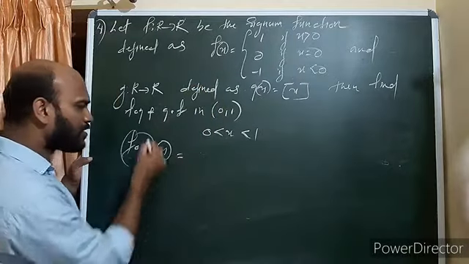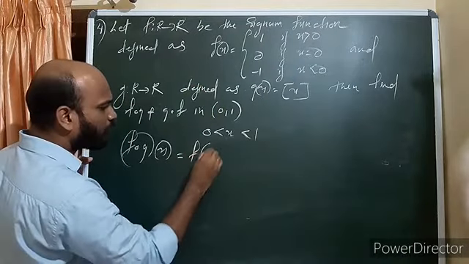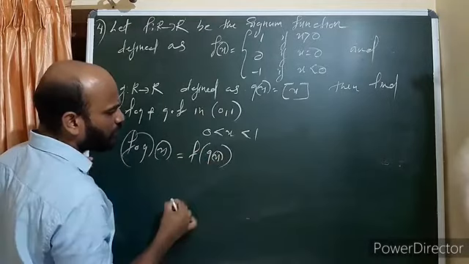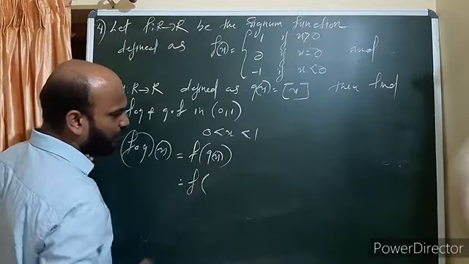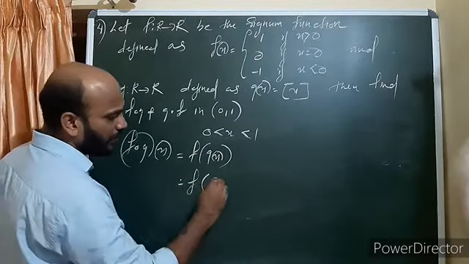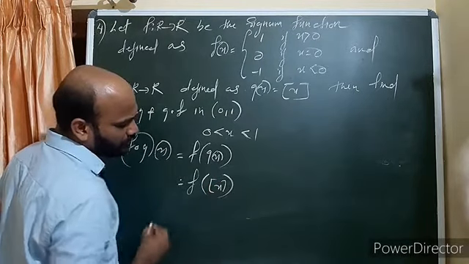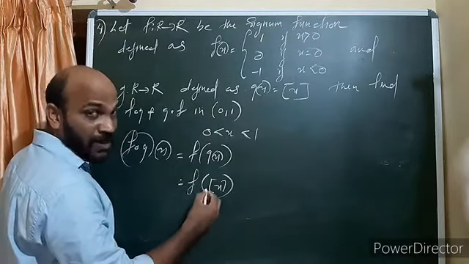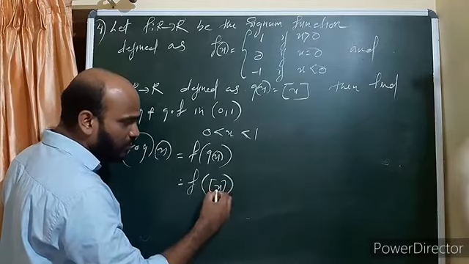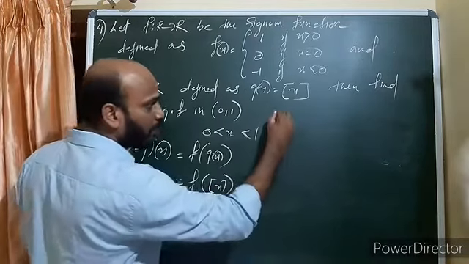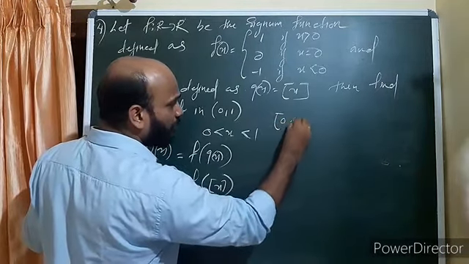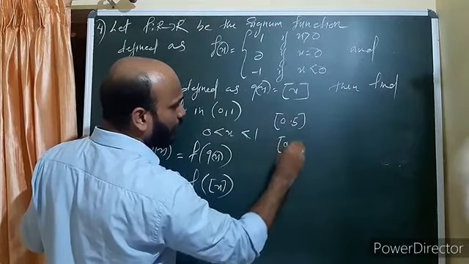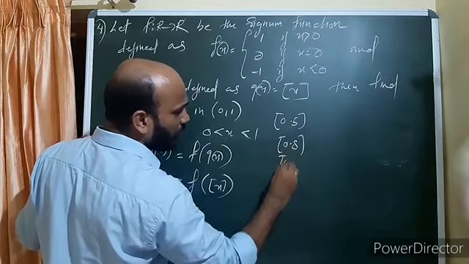So by definition, this is equal to f of g of x. That is f of, what is g of x? Greatest integer of x. What is the value of greatest integer of x if x belongs to 0 to 1? That means you have to find the value for 0.5, 0.8, 0.9.